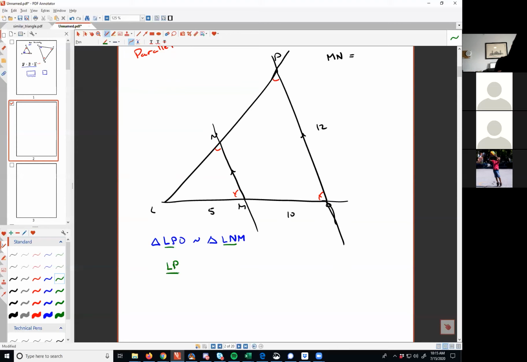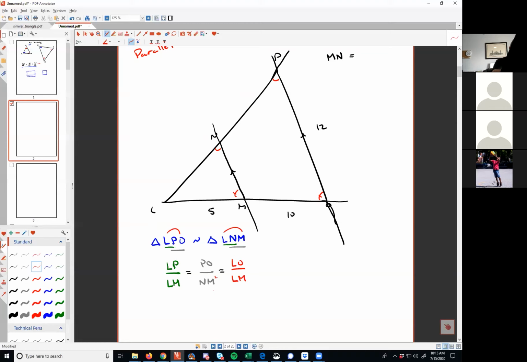LP over LM is equal to PO over NM, and that's equal to LO over LM. So those ratios are the same. So we're interested in NM, which is the same as MN. That's the one we're interested in.